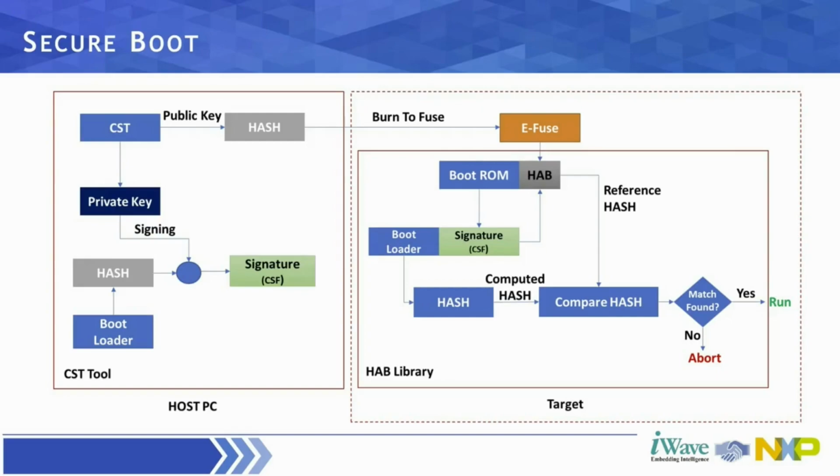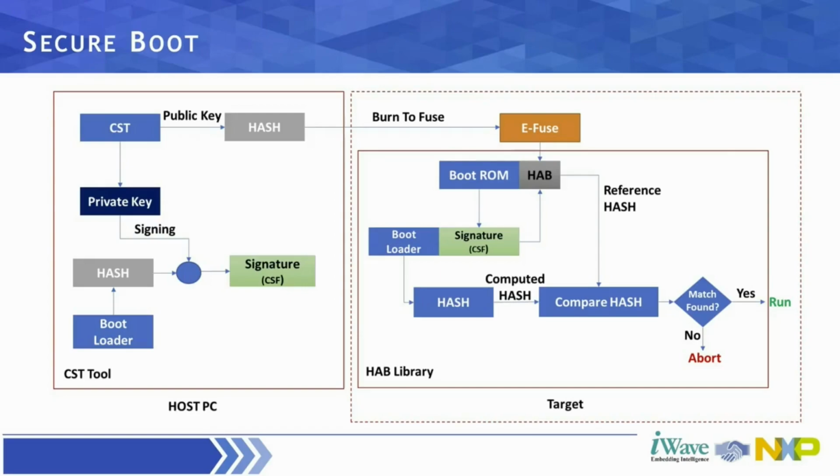This contains the HAB data, the CSF, and completes the certificates. The signed image is then loaded onto the flash, where the cryptographic hash is burned to a one-time programmable e-fuse to establish the root of trust. So your root of trust is generated using this complete signing mechanism.